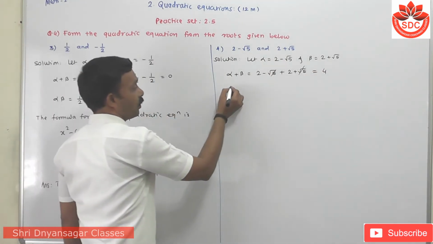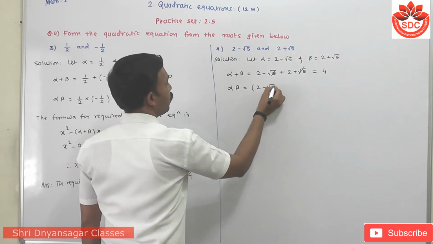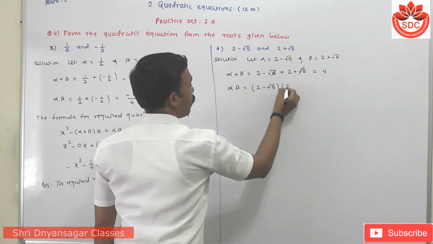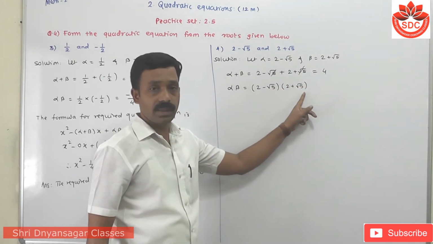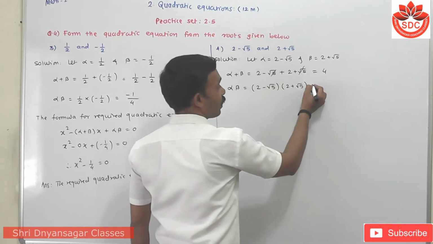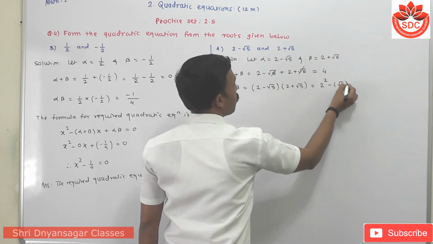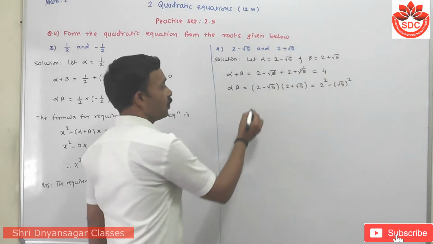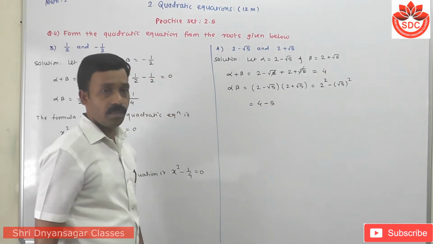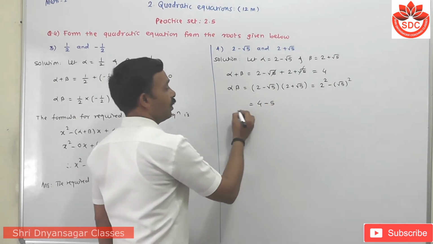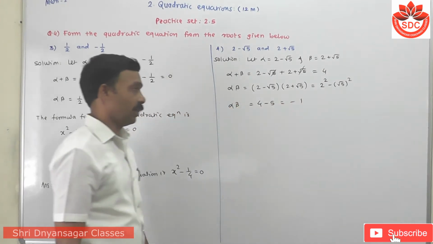Then the product of the roots, alpha into beta, is 2 minus root 5 times 2 plus root 5. Here it is (a minus b)(a plus b), the identity a square minus b square, so 2 square minus root 5 square. 2 square is 4, minus 5, so the product is minus 1.